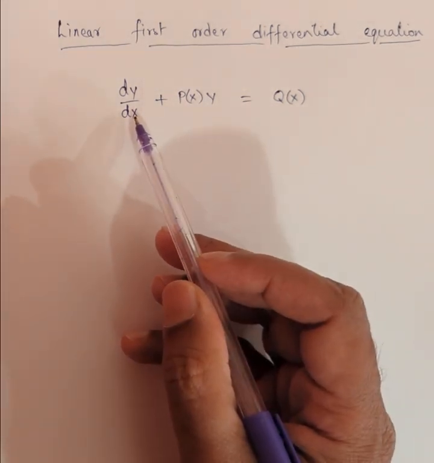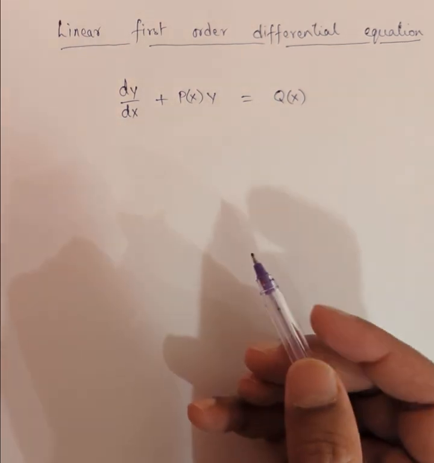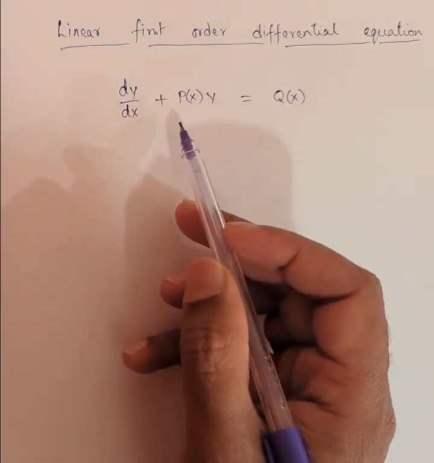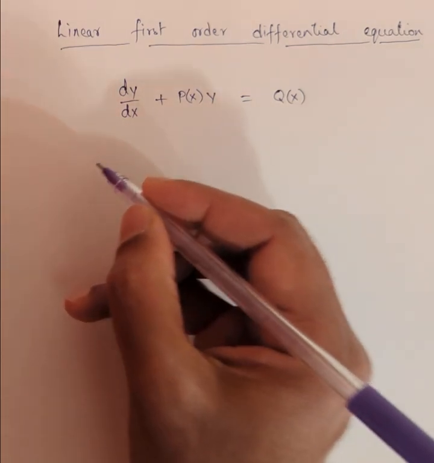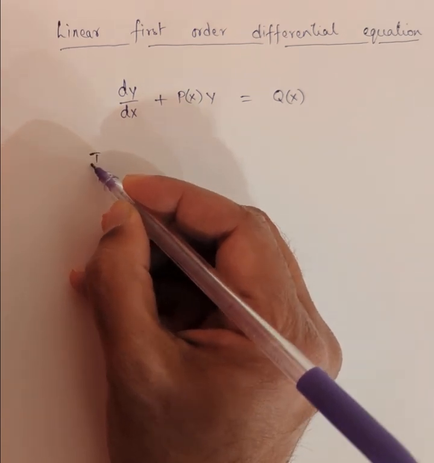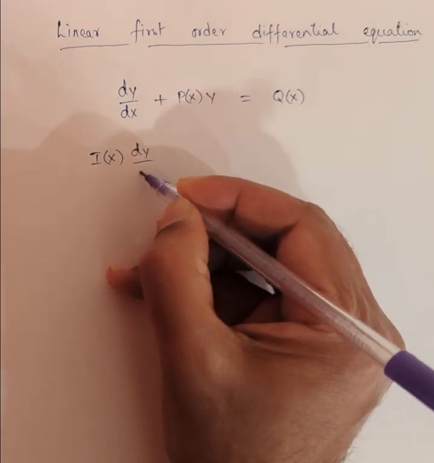So our goal is to multiply both sides of this equation by a suitable function, which would turn the left side into the derivative of a product. So let's say that nice function is called I of x. So if I multiply both sides by I of x, then this is what I get.